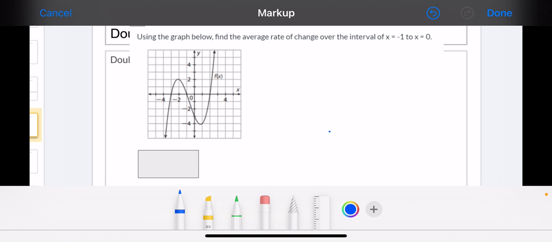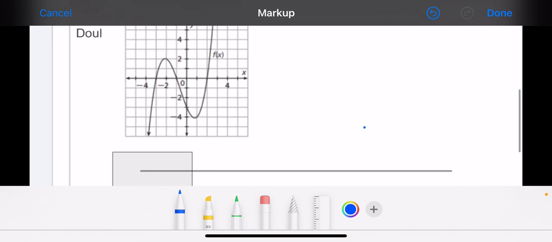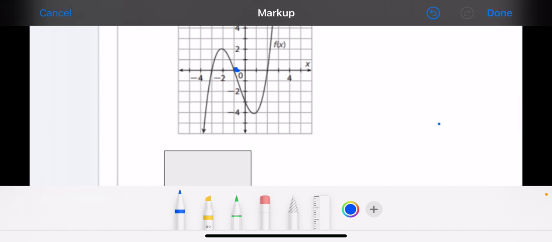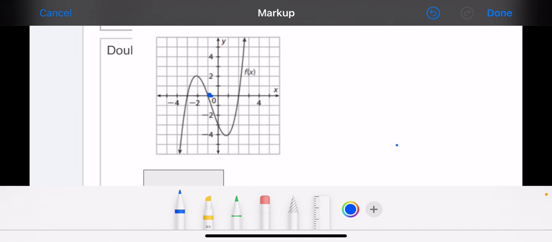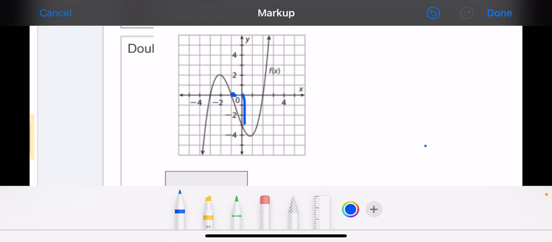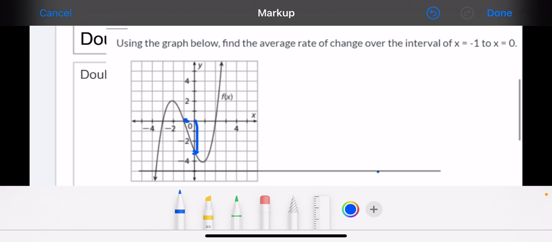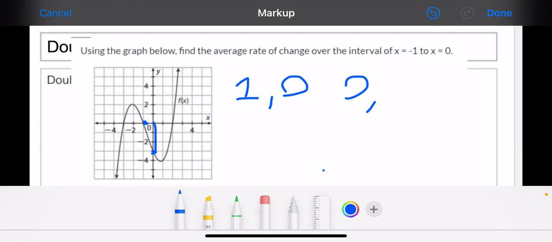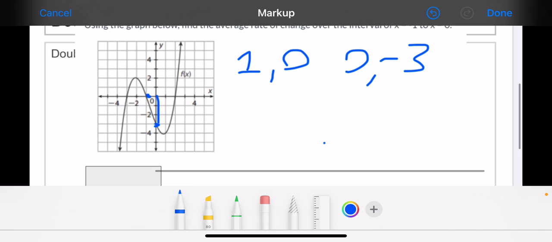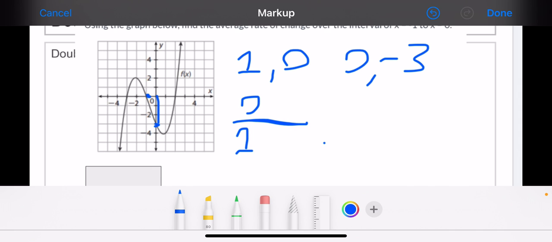We got -1, which is at 0. And we got 0, which is at -3. So 0 goes on top, 0 minus negative 3 should equal 3.